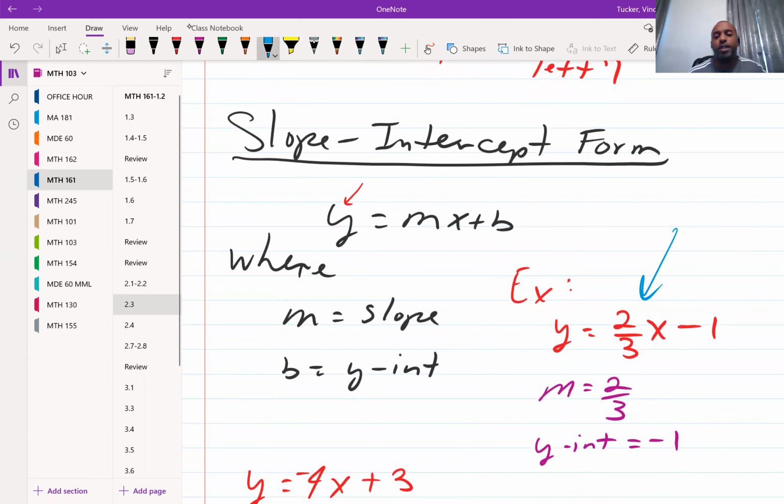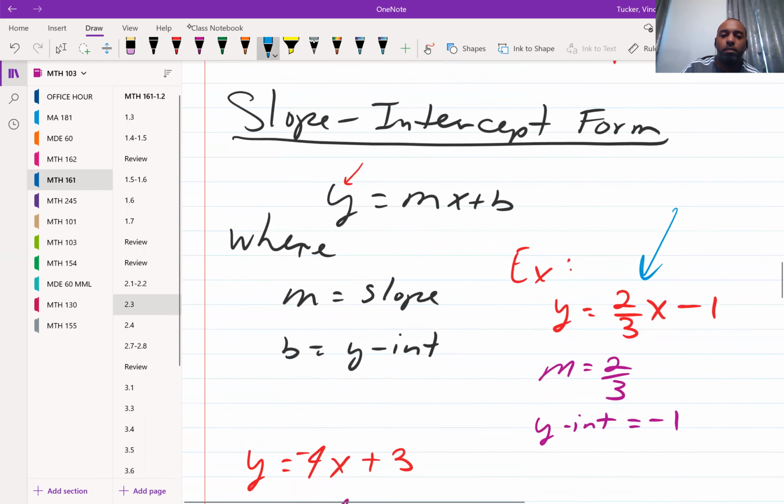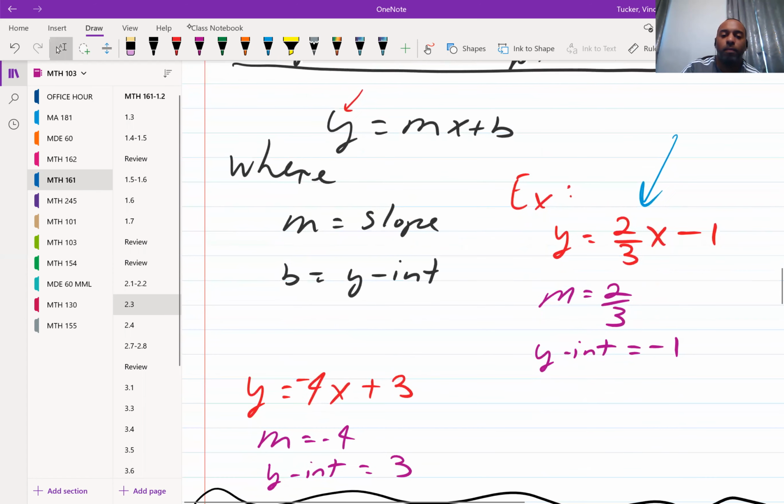So if I have this equation here, y equal to 2/3 x minus 1, what's in front of x is your slope, or what's attached to x is your slope, that's 2/3. And then the other number, -1, is your y-intercept. Same thing here, y equals -4x plus 3.